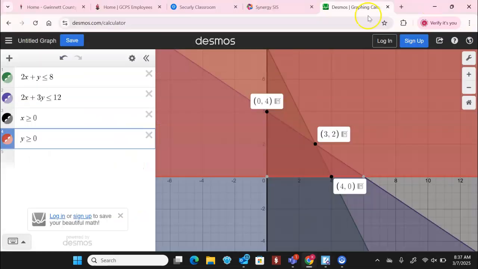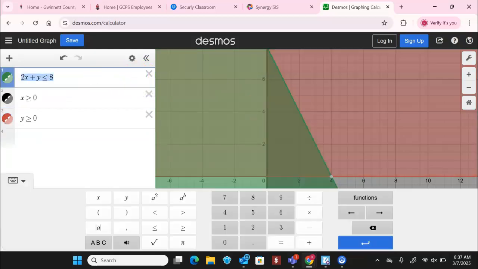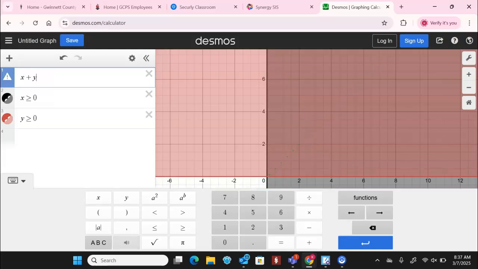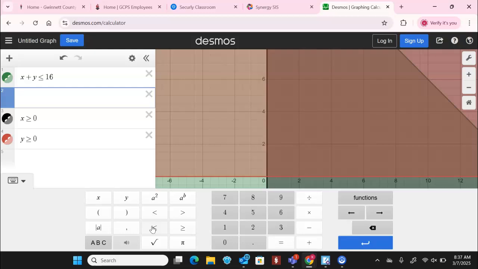So let's go back to Desmos very quick. So we're going to keep the y and the x greater than 0. So we had multiple choice plus free response has to be less than 16 questions. And then the next one was 3 minutes for multiple choice plus 6 minutes for free response, no more than 60 minutes.